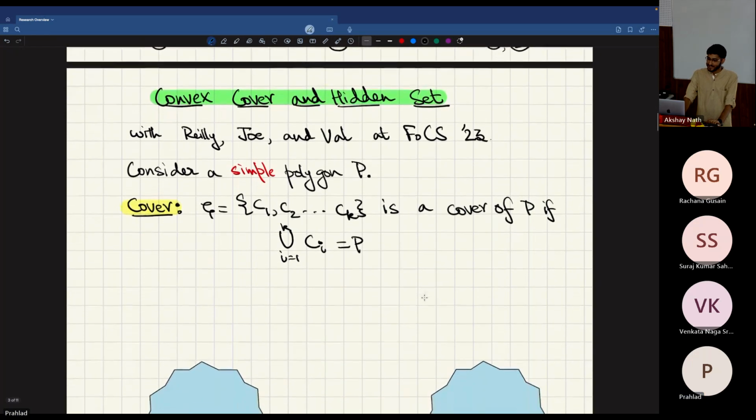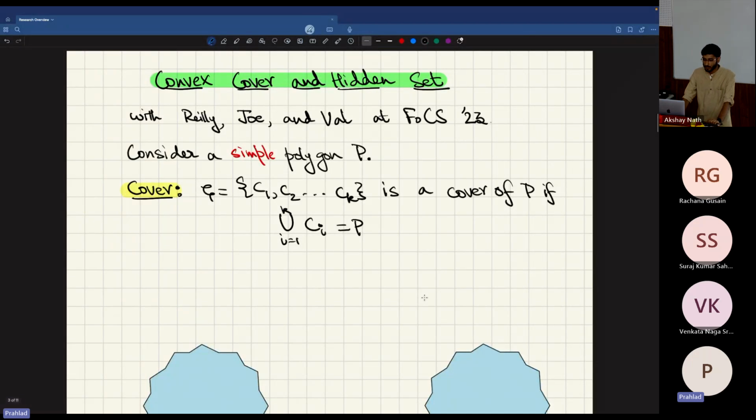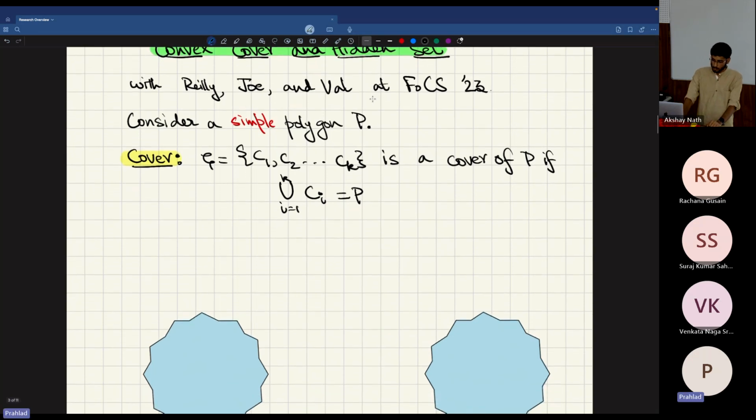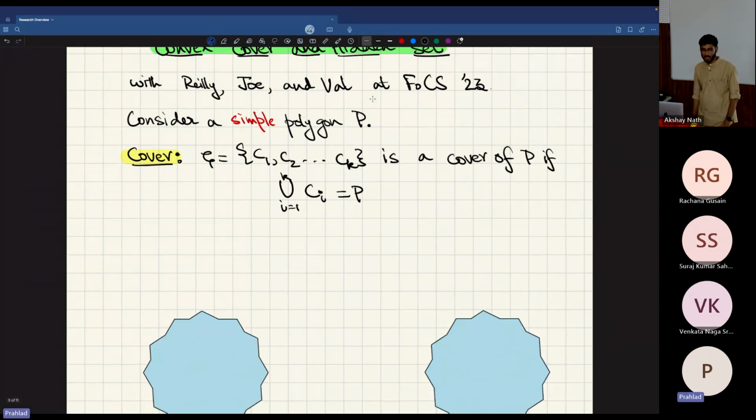With CG. This particular paper, which we call approximation of the convex cover and hidden set or something like that, we published at FOCS '23, so last year, with Riley, Joe, and Val. The setting is that we have a simple polygon P, and we would like to cover it.